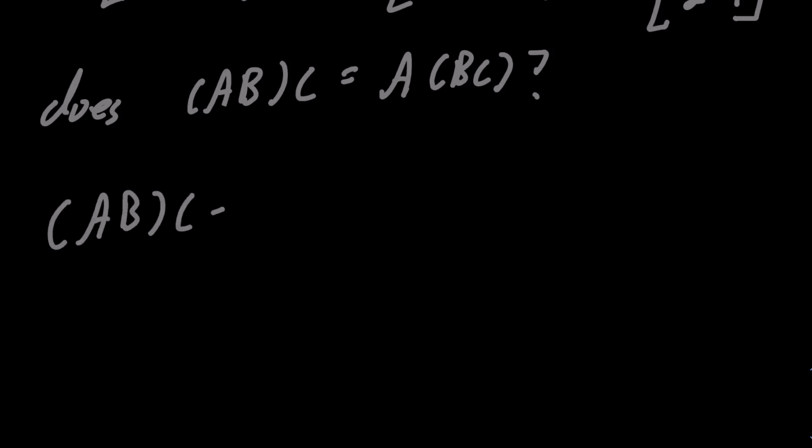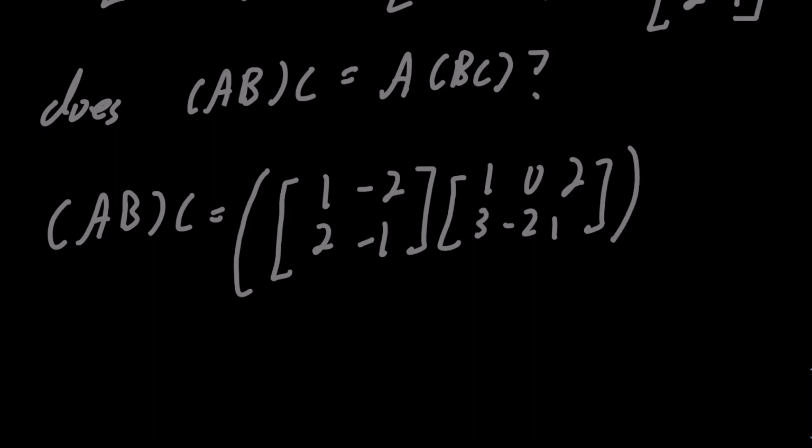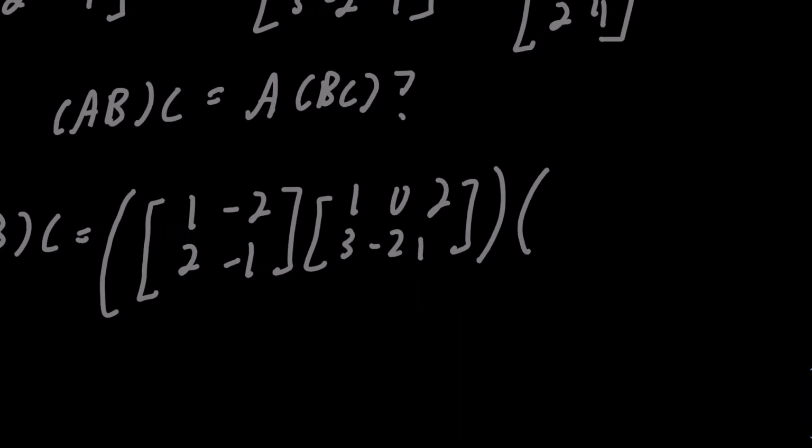And I hope you guys wrote down the matrix, and if you didn't, that's fine. I'll write it for you. So let's write down our matrices, and we have 1, 0, 2, 3, negative 2, 1 times C, which is negative 1, 0, 3, 1, 2, and 4.